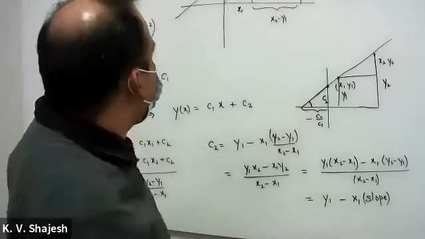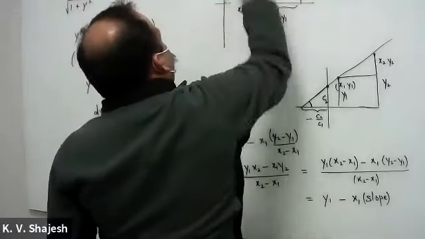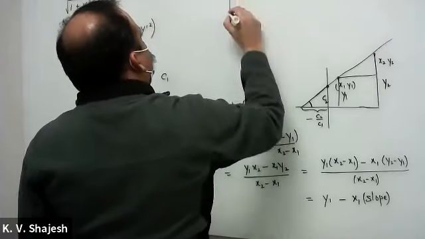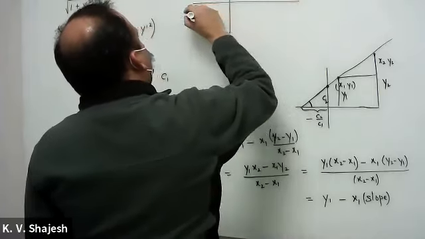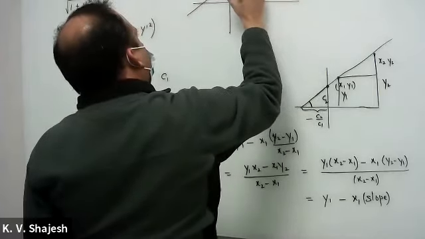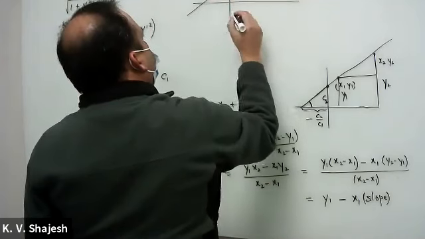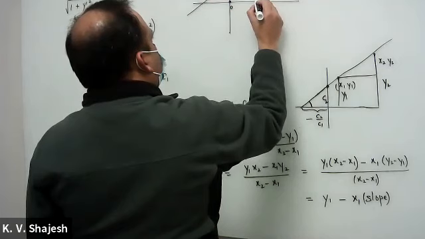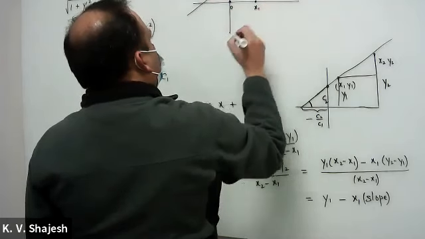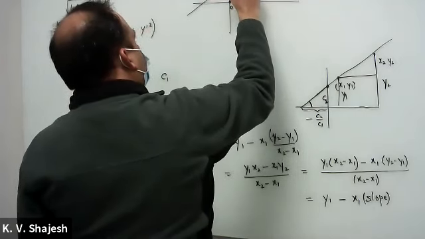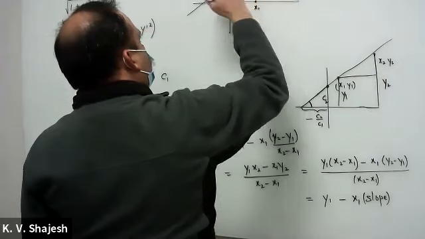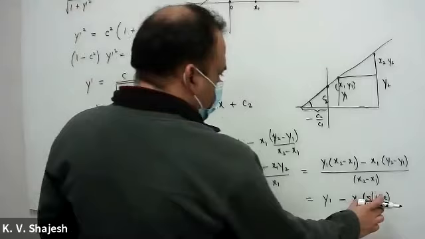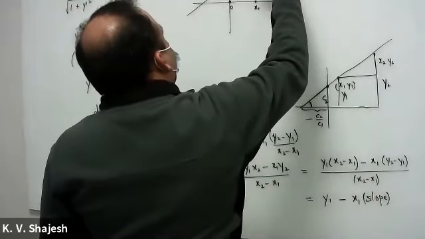So maybe, okay, again. This is your C2. This is your 0. And somewhere here is x1. If I go x1 horizontally, how far do you go? That's decided by the slope.